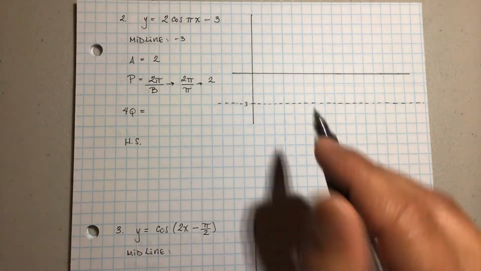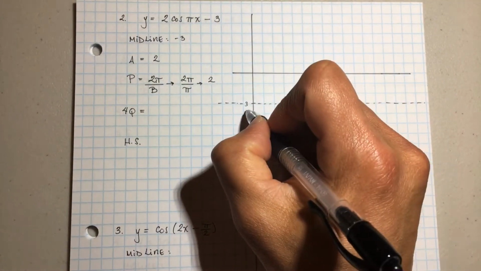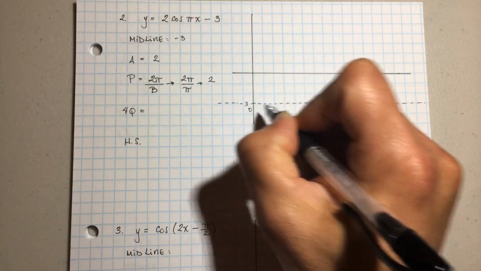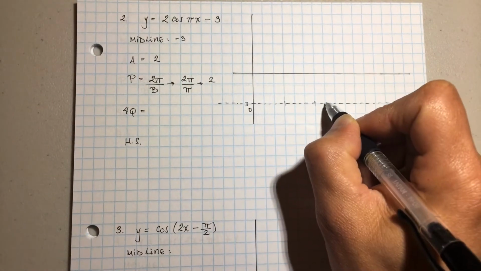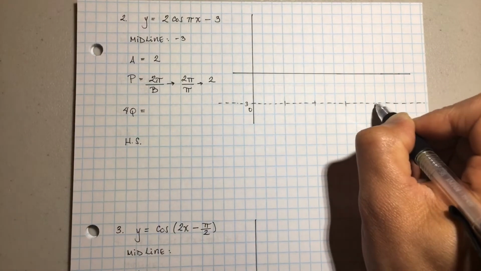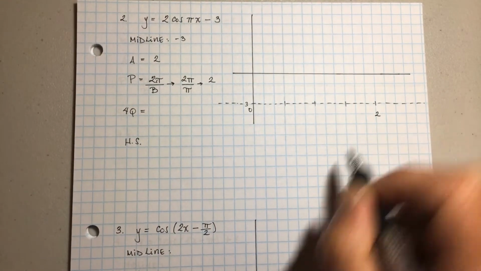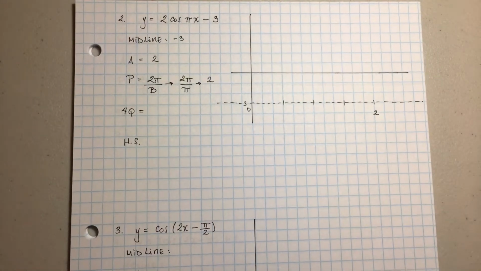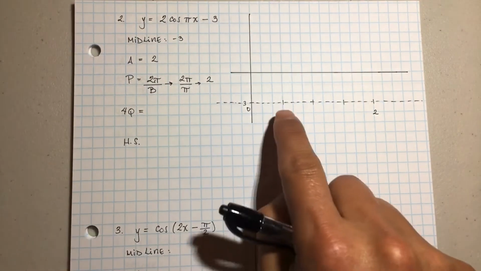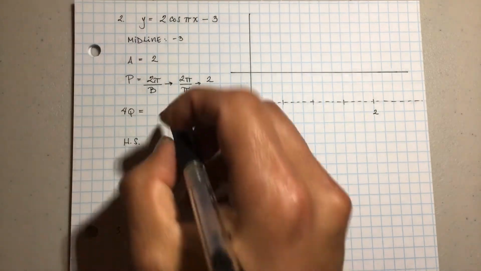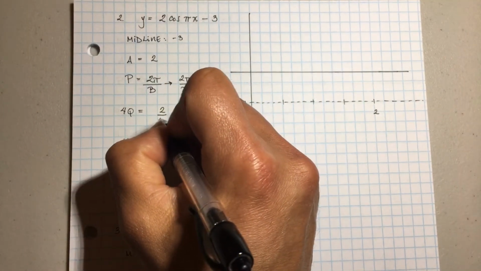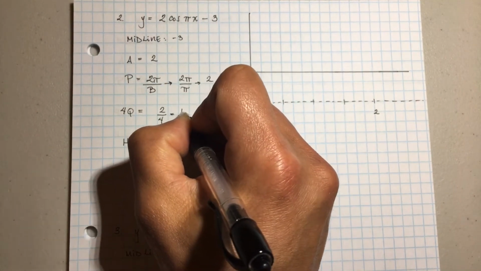Okay, so let's see here. I know I start off at, let's say this is 0 right here, right? Okay, so then 1, 2, 3, 1, 2, 3, 1, 2, 3, 1, 2, 3. So by the time I get over here, I end up at 2. Okay, so now what about these 3? So we're going to take our period, divide it into 4. So we're going to take 2 divided by 4, and that's going to give us 1/2.